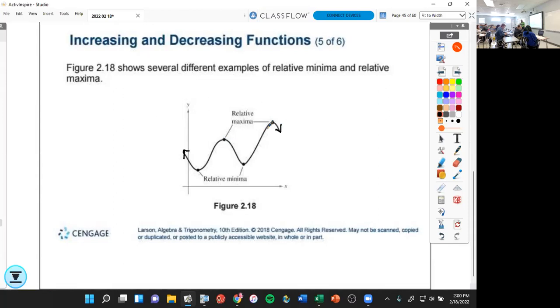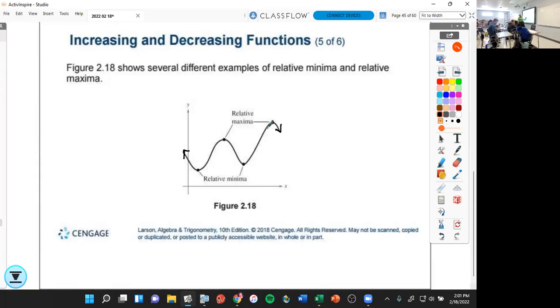The plural of relative maximum is relative maxima. That's why you see maxima, because there's more than one. Reverse everything I just said: I have two relative minima.